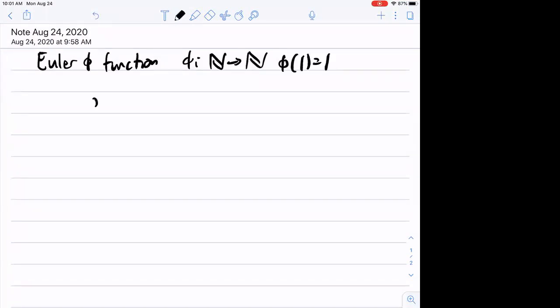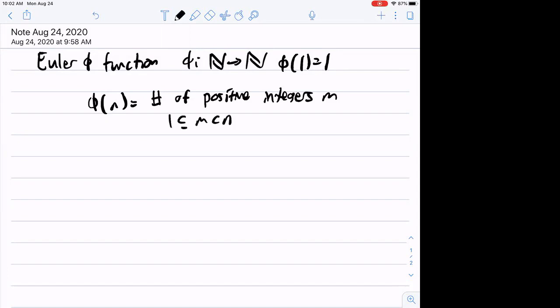Okay, so we have the Euler phi function. This is a function phi from N to N, such that phi of 1 is 1, and phi of n is the number of positive integers m with 1 less than or equal to m less than n, such that GCD of m and n is 1.